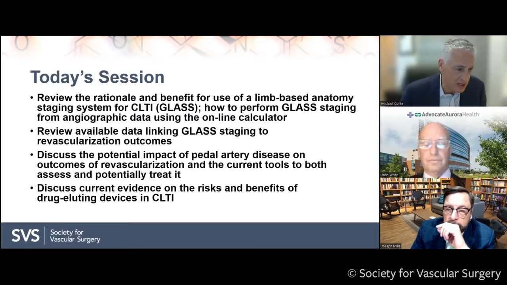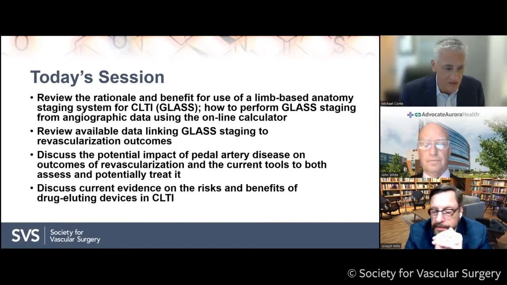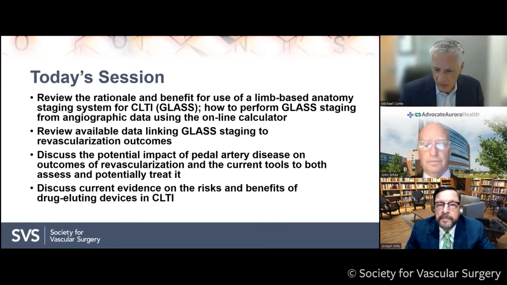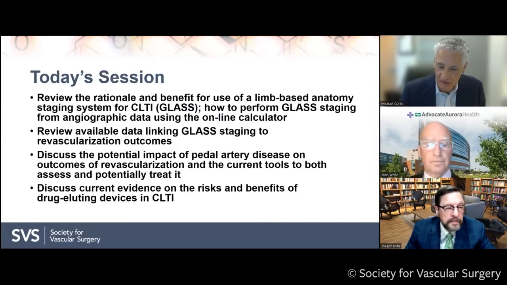There's a VQI mortality risk calculator in there as well to estimate perioperative mortality and long-term survival. And finally, there's the GLASS calculator in there, which we'll review in detail today for doing anatomic staging. In each of our webinars, we have focused on a single sample patient to guide us through the thinking process and debate the issues that the guidelines have touched on.